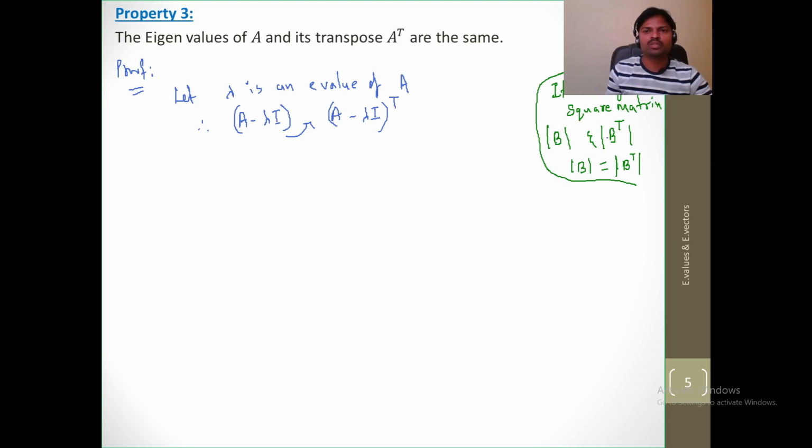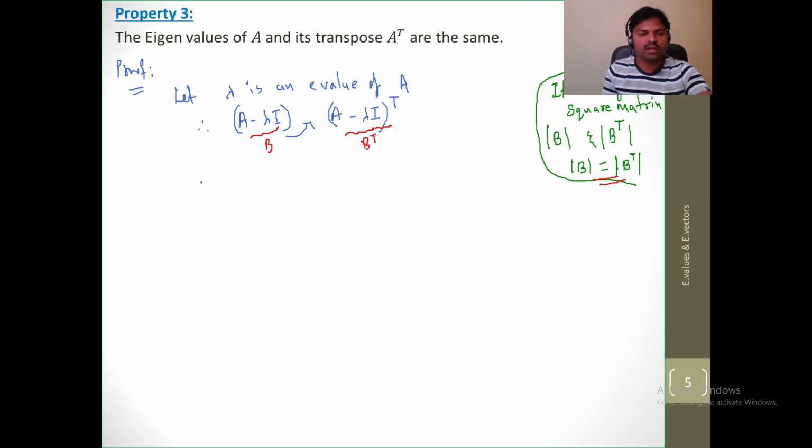Now I am comparing both the determinants, and both the determinants are the same. So A minus lambda I is nothing but my B here, and this is B transpose. Based on this, both the determinants are the same.